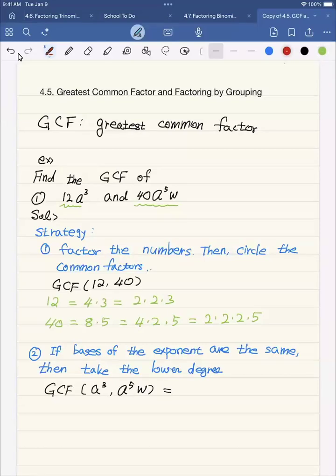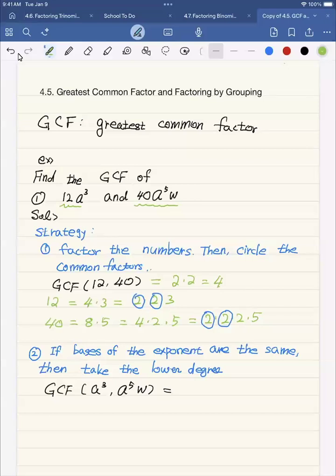Then we will circle the same factor, 2, 2, and here 2 and 2. So GCF of 12 and 40 would be 2 times 2, which is 4.